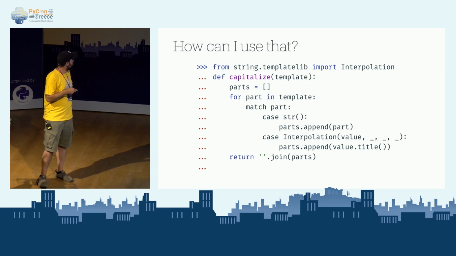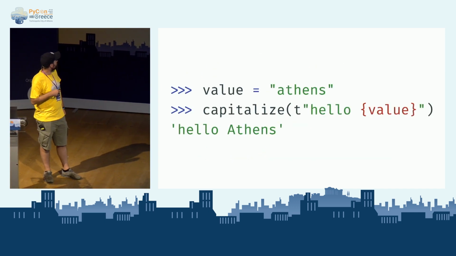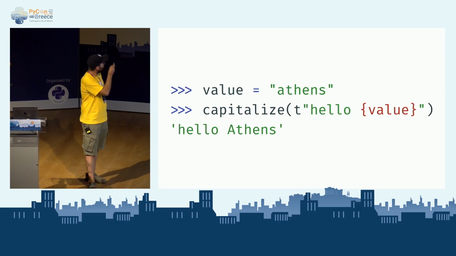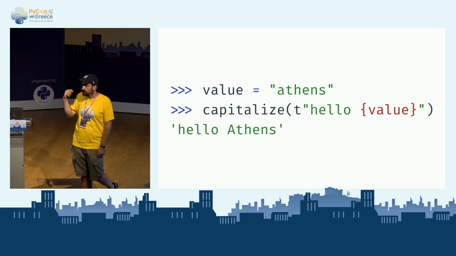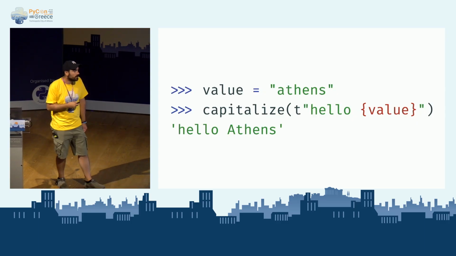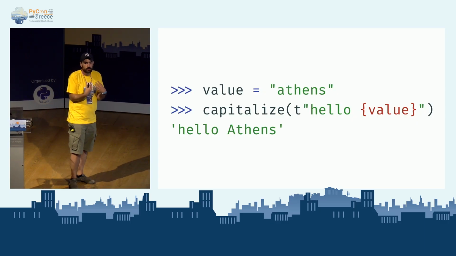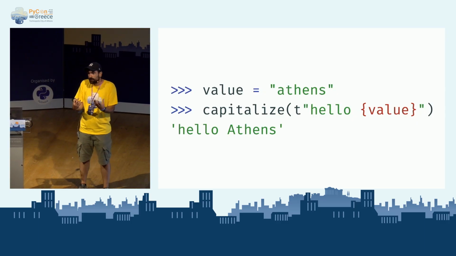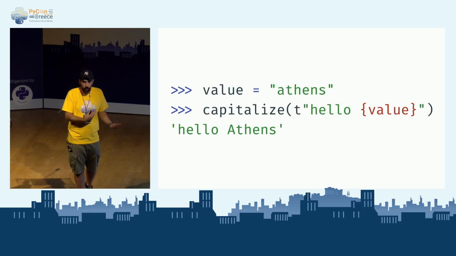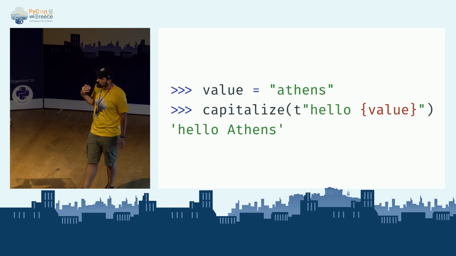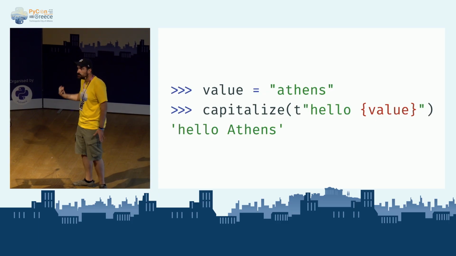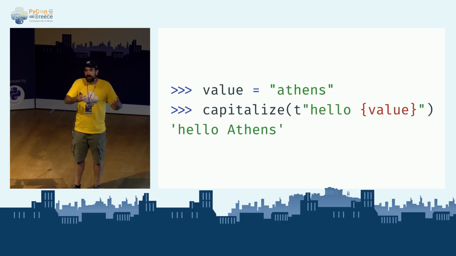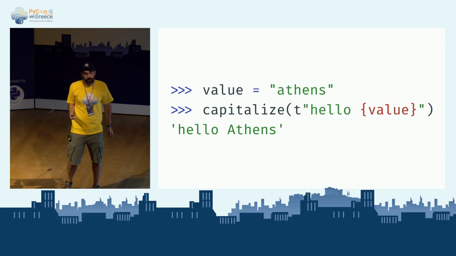When we actually get this, we can use the T string, call capitalize on it, and then Athens will actually be capitalized. So we get access to the values of the variable we're interpolating with, and that gives us power to do whatever we want in terms of transformations before that value gets added to the final string.